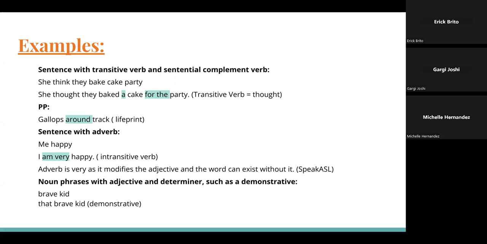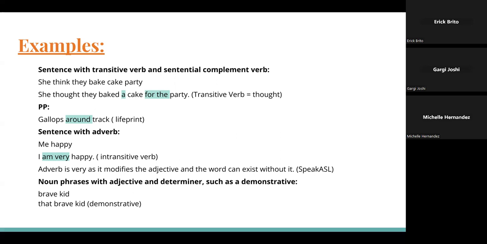When it's pronouns, they use one finger, and when it's not pronouns and just another noun, they use the whole hand. Another example would be a prepositional phrase: "gallops around track," with around being the preposition and gallops being the verb.